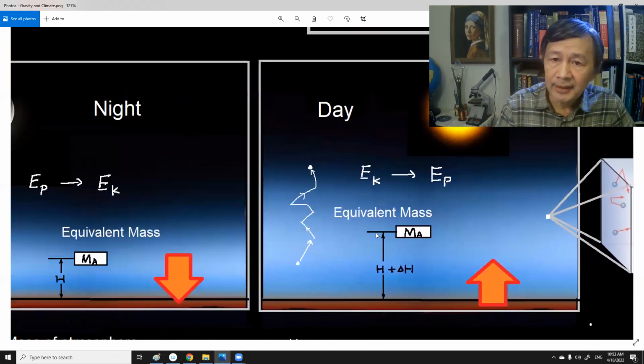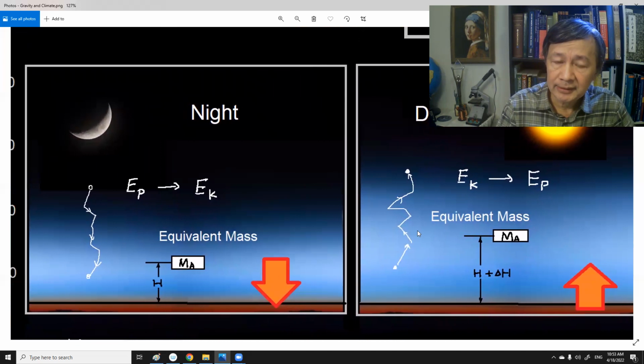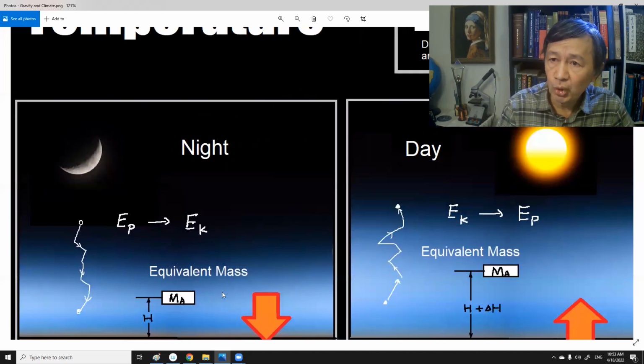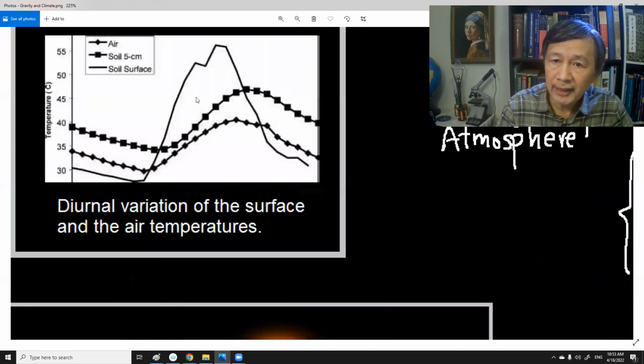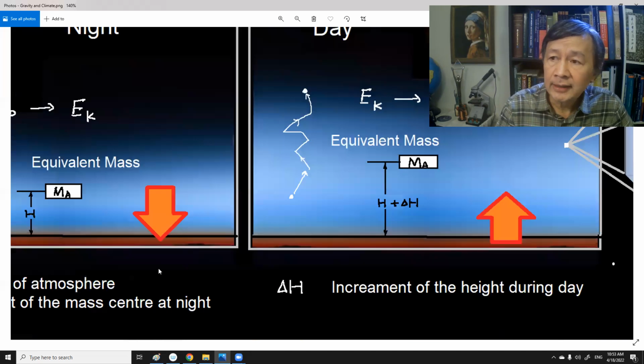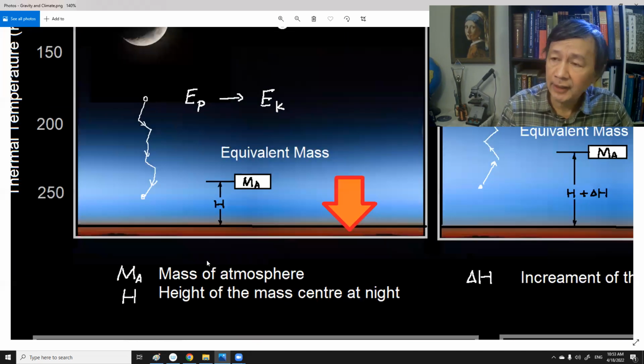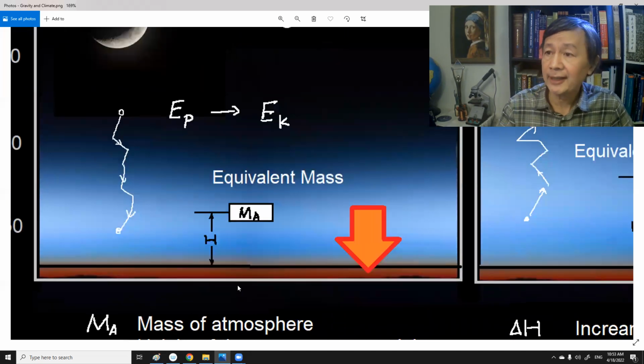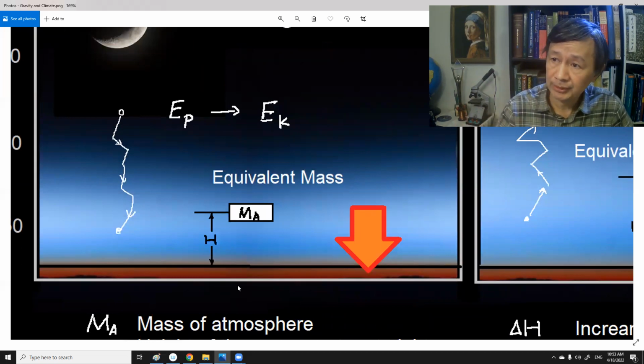On the other hand, at night after sunset, the surface temperature drops very quickly. As a result, the air near the surface gets cold, and the kinetic energy will decrease.